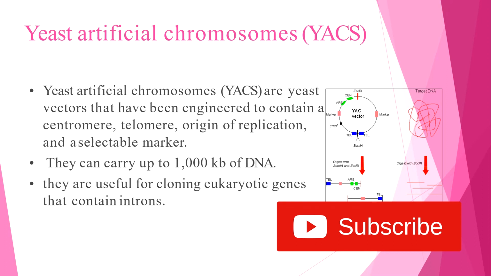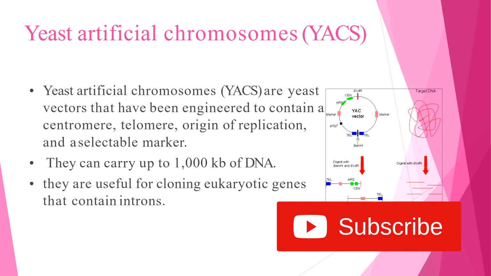These chromosomes are known as artificial chromosomes because they are engineered to have a centromere, telomere, origin of replication, and selectable marker, which help them express the foreign DNA in themselves. They can carry larger fragments, up to 1000 kb of DNA, whereas plasmids carry less than 20 kb and cosmids carry up to 45 kb only.